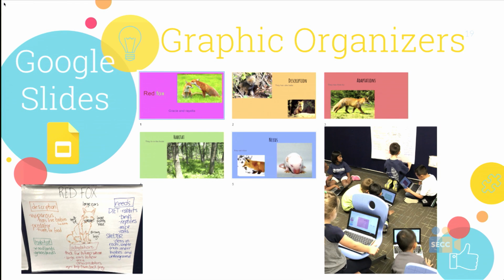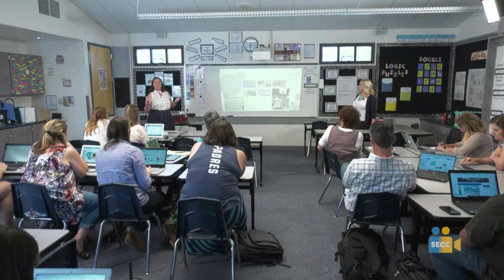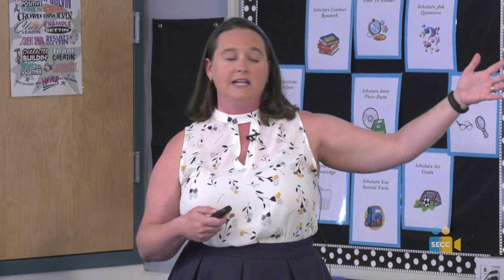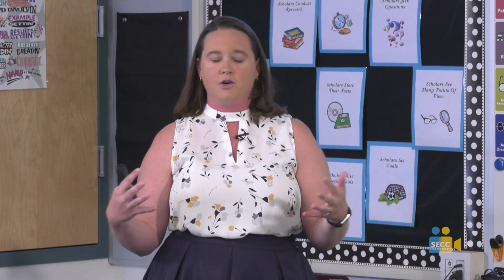And I was able to quickly see which students knew what the needs of plants and animals are, in this case an animal, one of our standards. What are the needs of plants and animals? And they were able to describe it as the description and adaptation, habitats and needs. And so I was able to then get them to touch that content in another way.